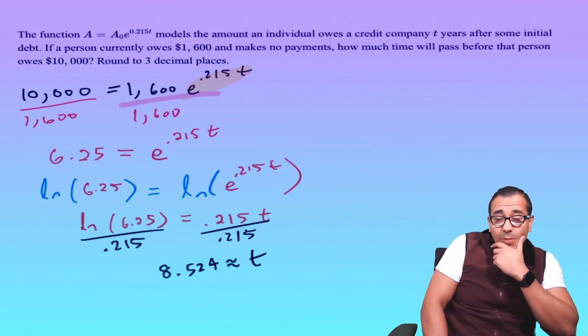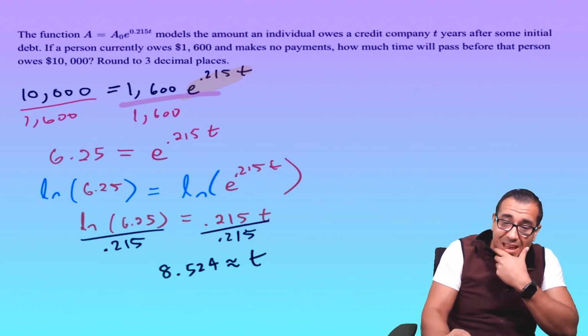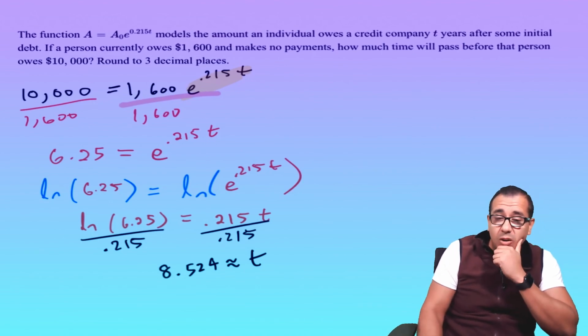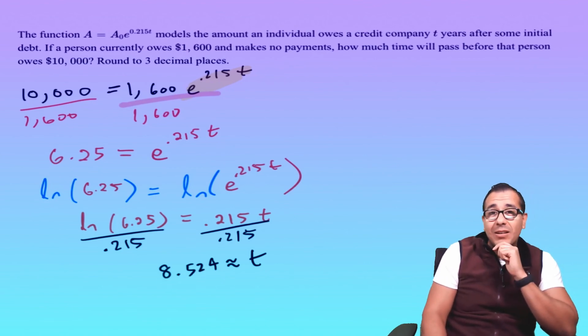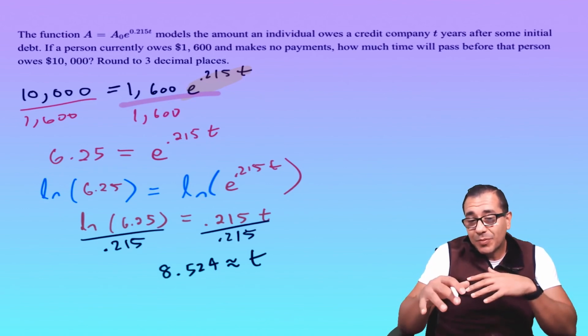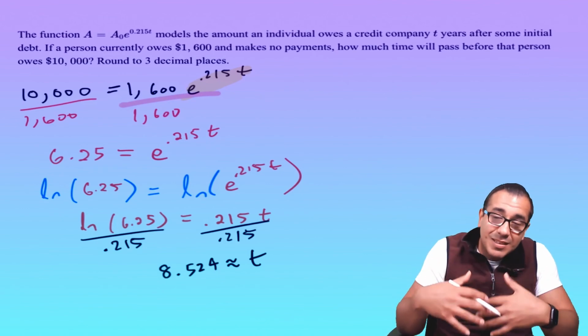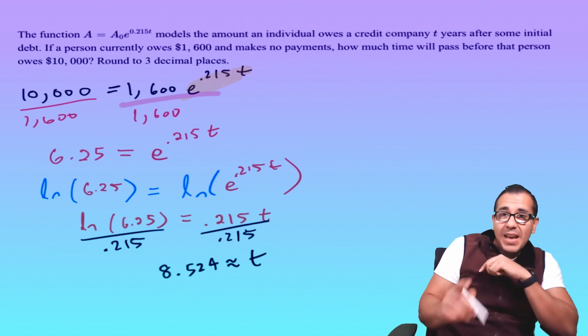8.524. So it's going to take about 8.5 years, and look at what happened there. That amount of 1,600 grew to 10,000 after 8.5 years. This is important stuff because a lot of people use money to put themselves into debt. But imagine if you took that same amount of money and you invested it.